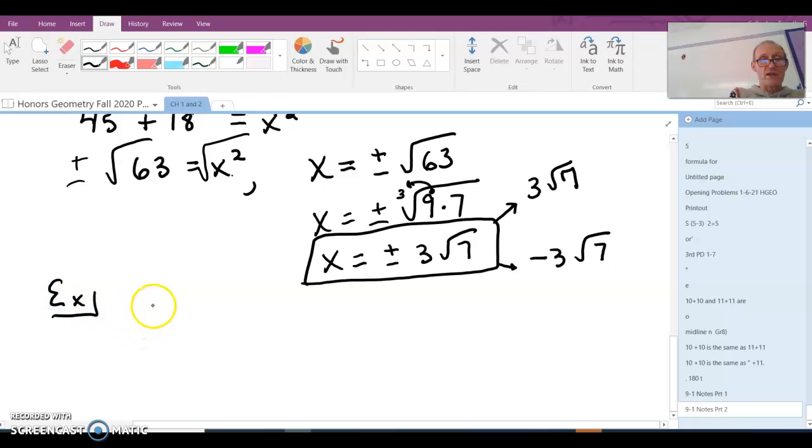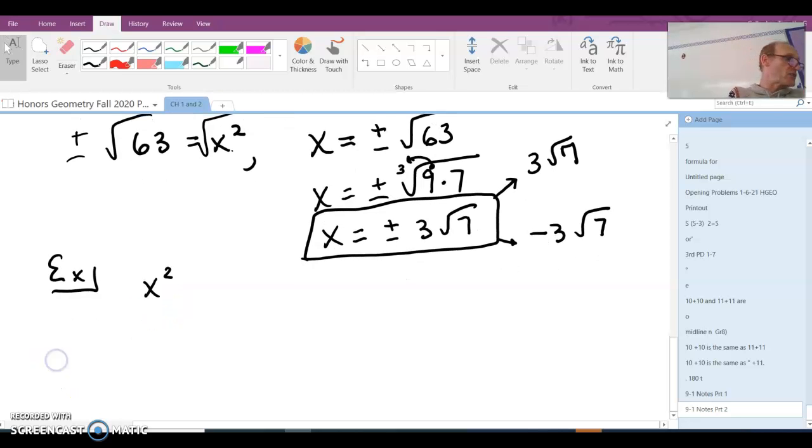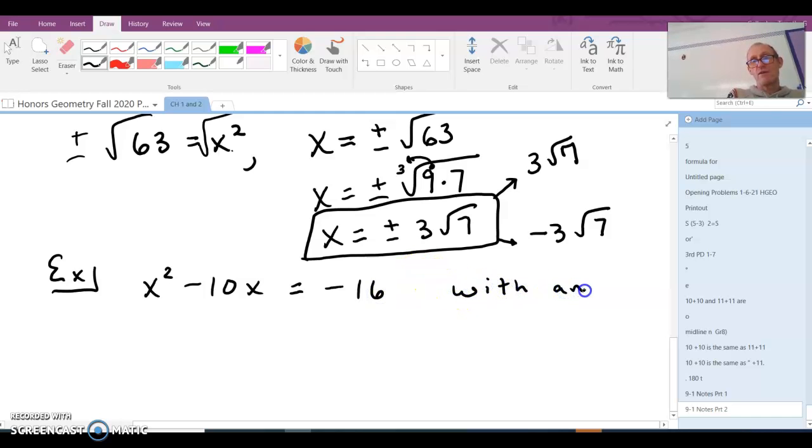So it's going to be x squared. I'm going to do 2, I think. I have time for 2. x squared minus 10x equals negative 16. Now, with an x term, look to factor.